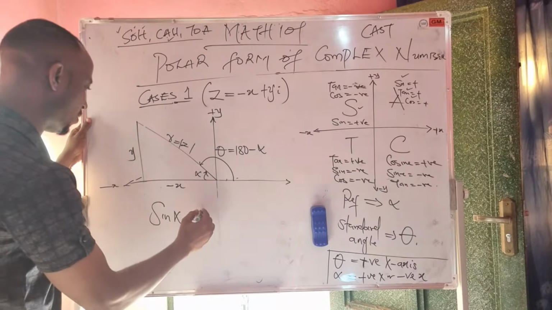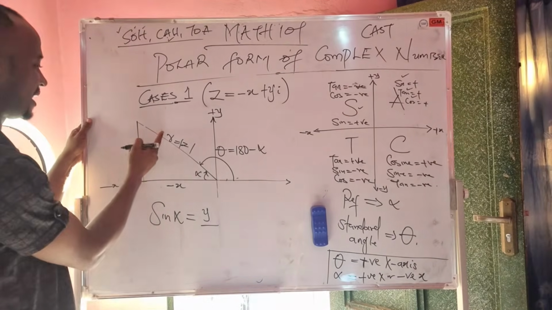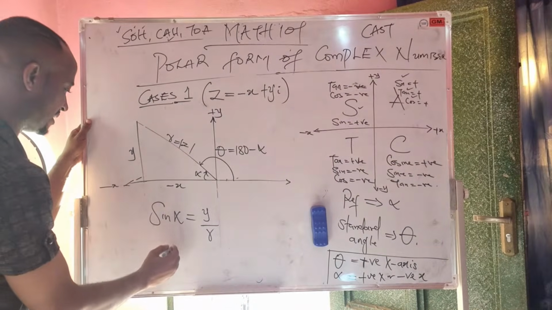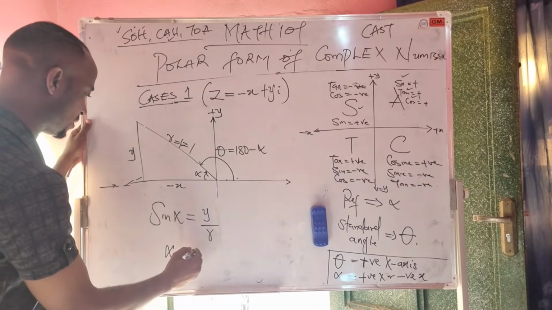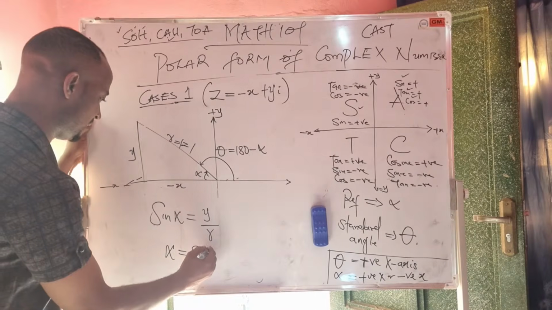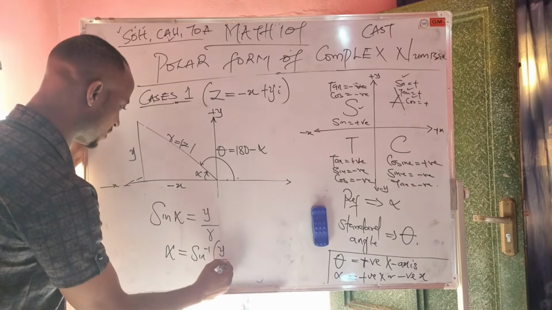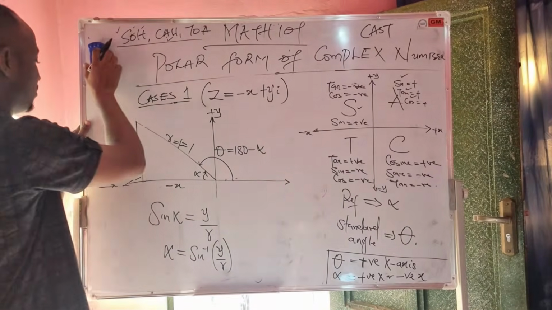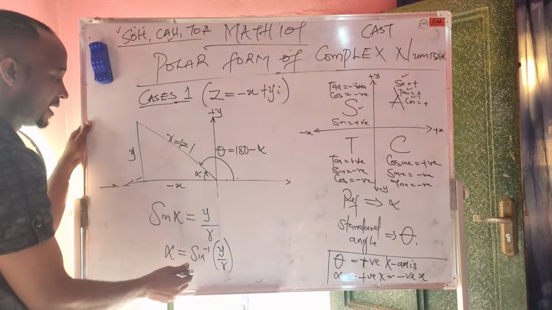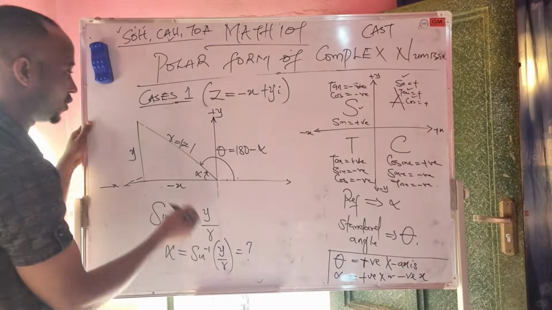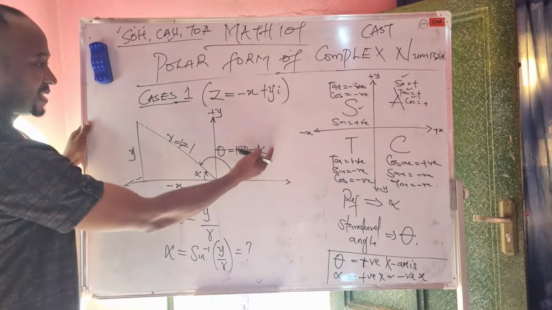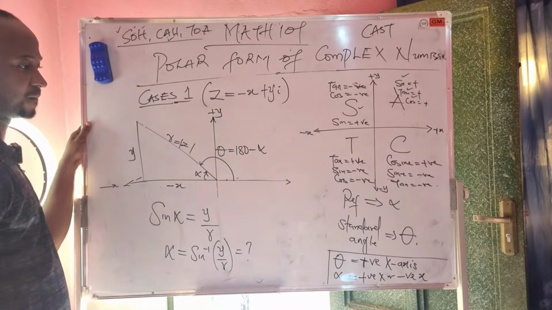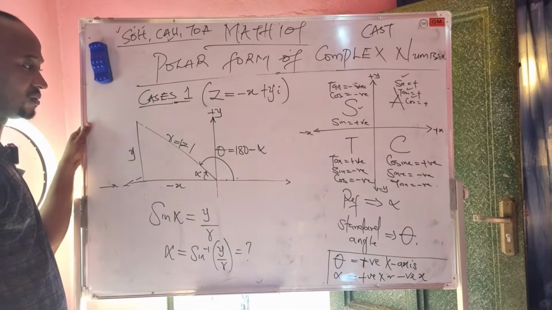My y is my opposite, over the hypotenuse, which is r. Therefore, alpha equals sine inverse of y over r. So from here, we can determine the value of our alpha. Then when you get the value of your alpha, just subtract it from 180 to find the standard angle.